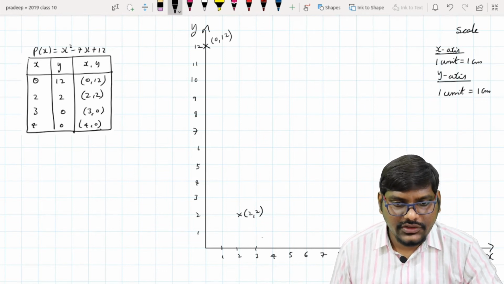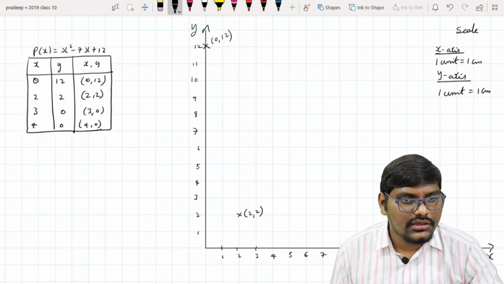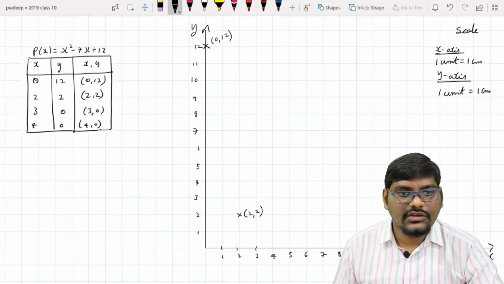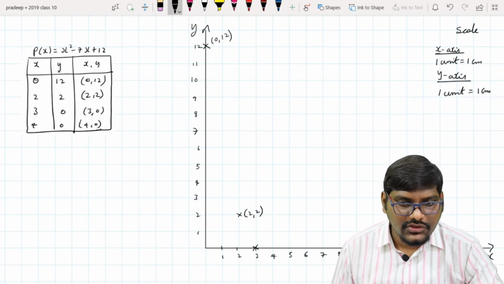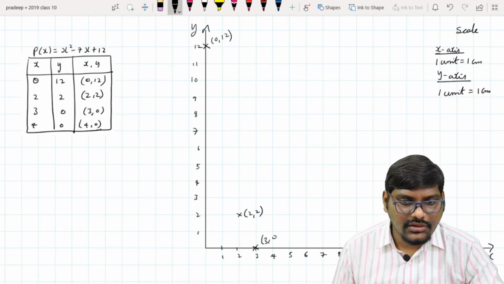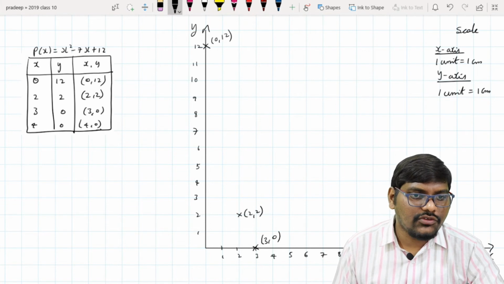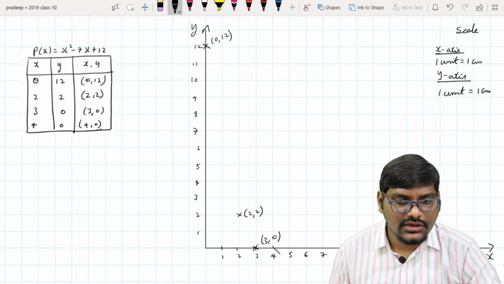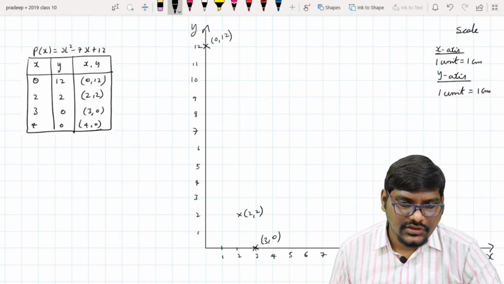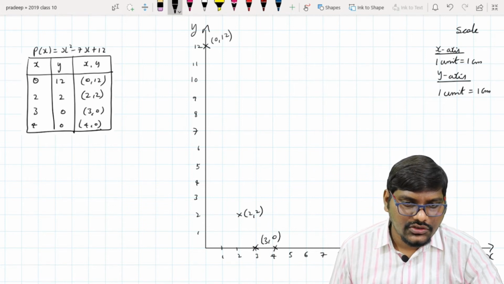In the x-axis 3 is here, so here is the point, 3 comma 0. The next point is 4 comma 0. On the x-axis 4 is over here, so here is one more point, 4 comma 0.